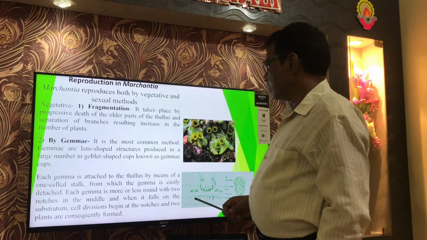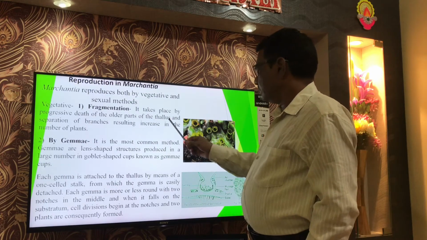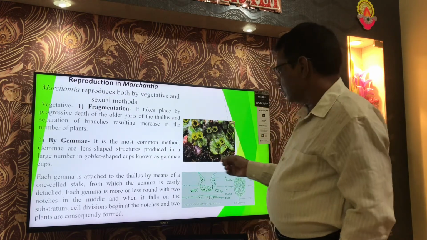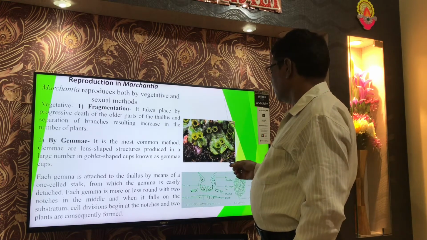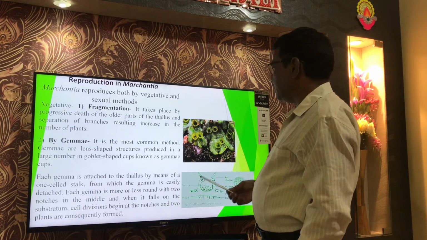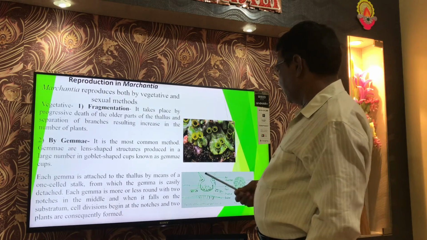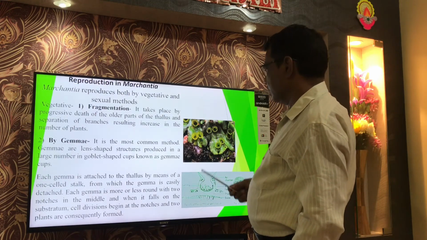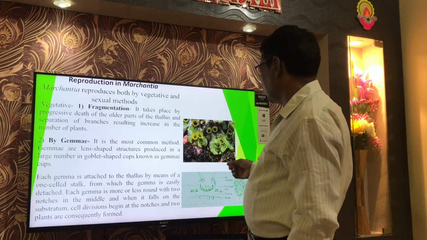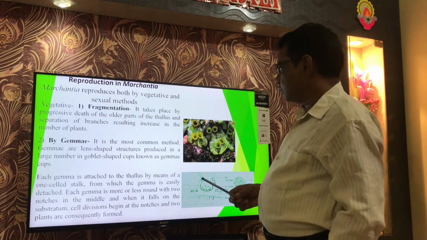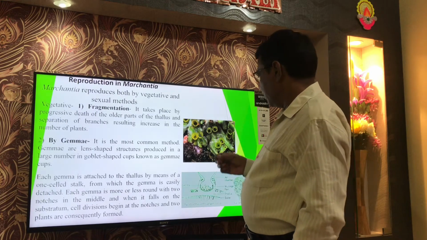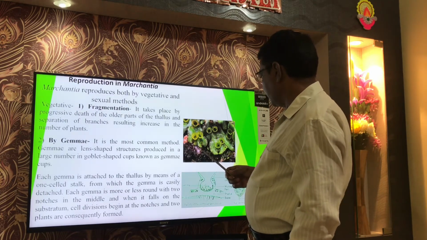Fragmentation is very common when the thallus is growing in ideal conditions. That means when growth conditions are favorable for a longer time, fragmentation is usually observed in this gametophytic thallus of Marchantia. The process of fragmentation is very simple.